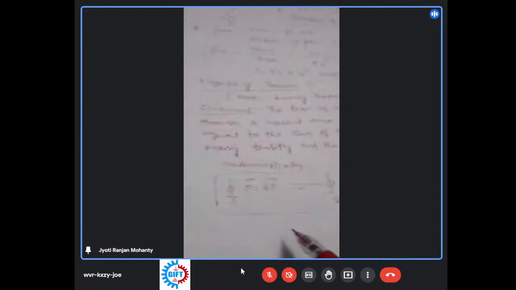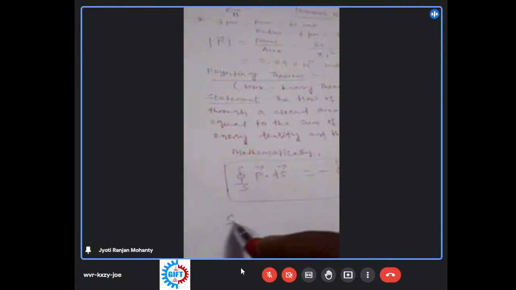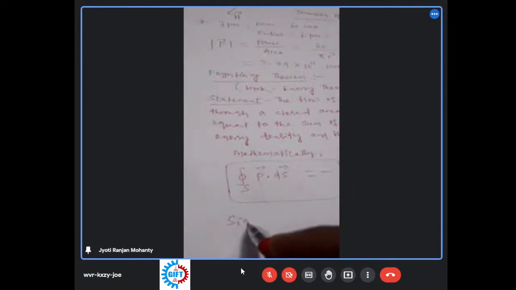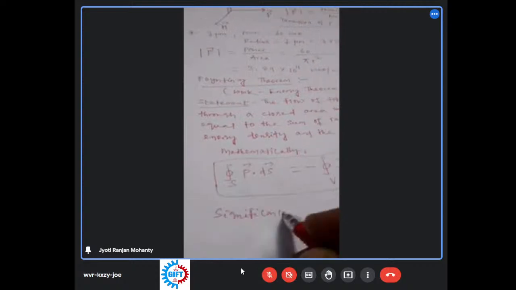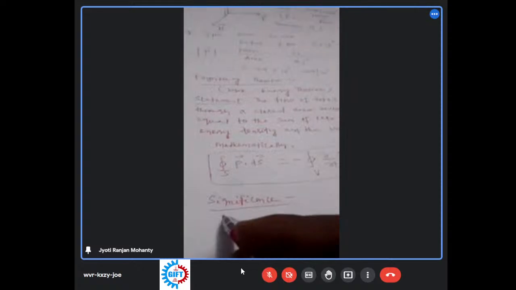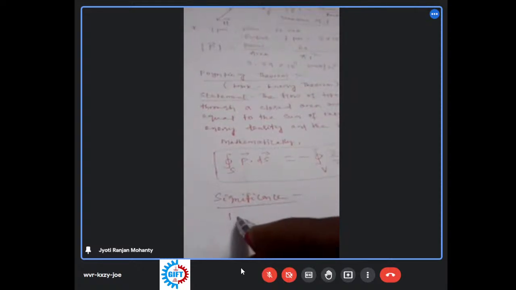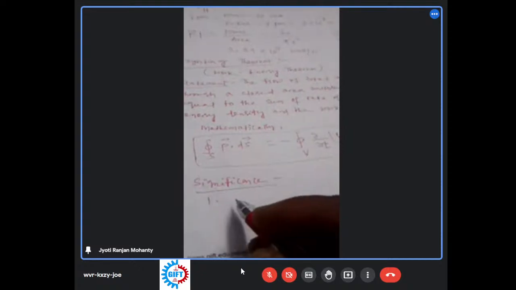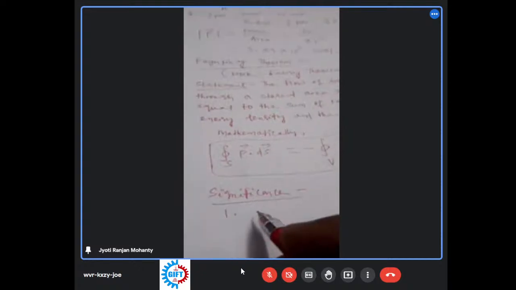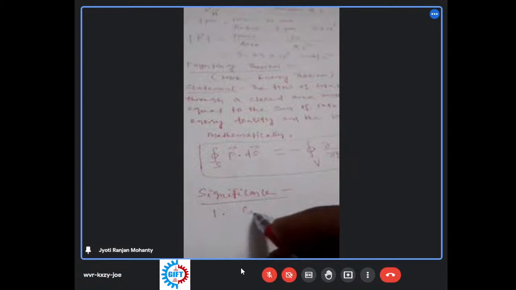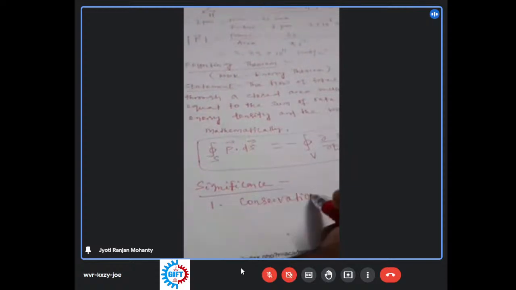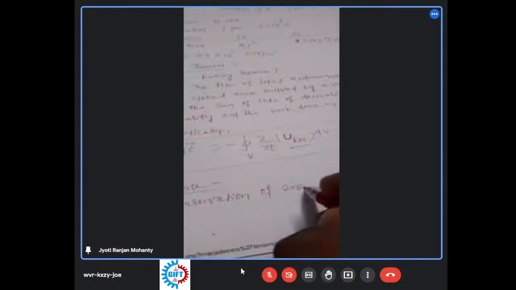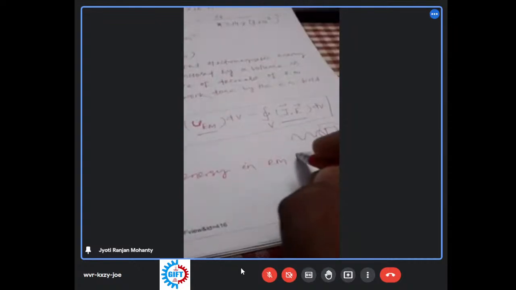So what is the significance? Next, write the significance. No proof is required. Significance. Number 1 point: this theorem explains conservation of energy in electromagnetic field.